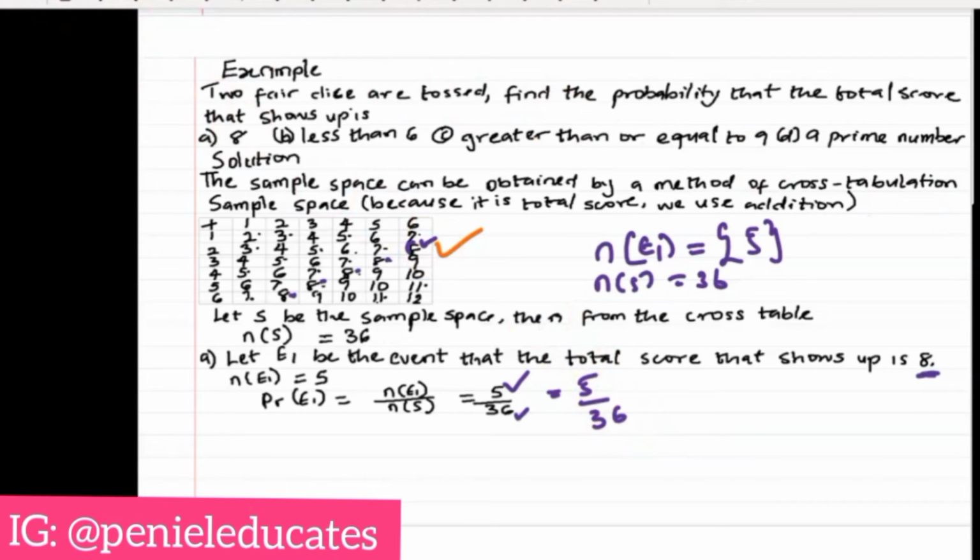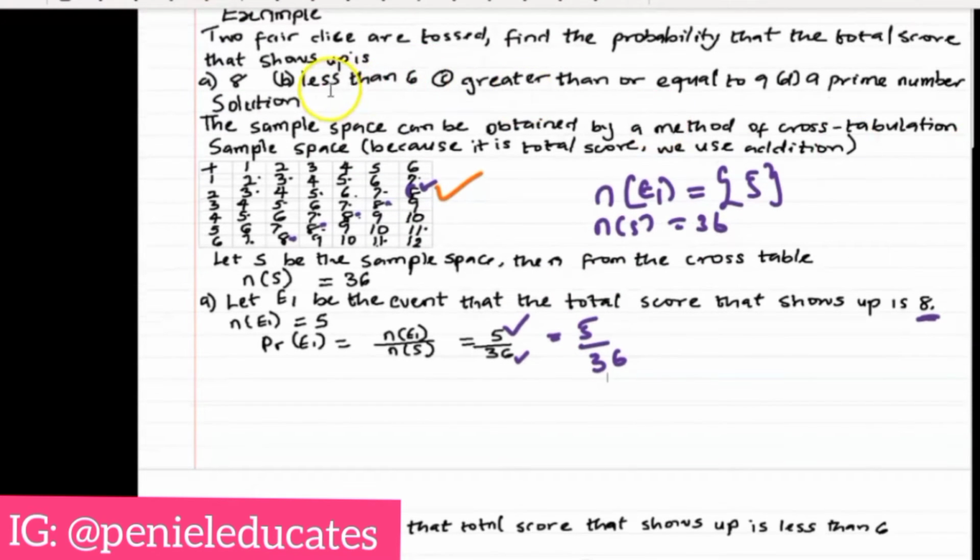All right, so we want to look at the number less than 6. So let us look at the numbers that are less than 6. We have 1, 2, 3, 4, 5, 6, 7, 8, 9, 10, 11, 12, 13, 14, 15.